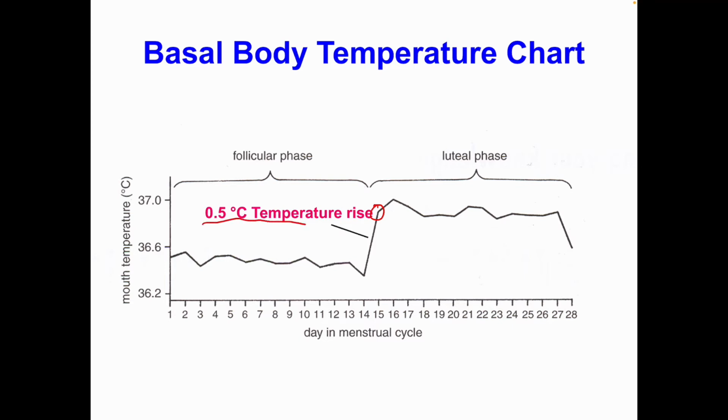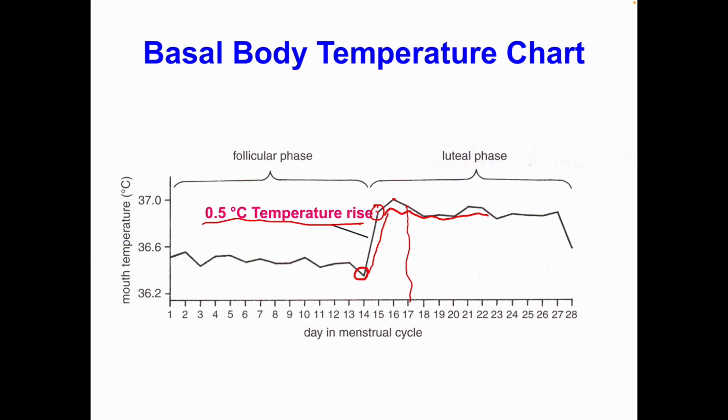So we've had this 0.5 degree rise, which indicates that ovulation has taken place round about day 14. The empty follicle has become the corpus luteum, which has started to secrete progesterone, and the progesterone then causes that increase in the body temperature, and the body temperature remains high. If we count 1, 2, 3 days past ovulation, 3 days of elevated body temperature, by this day here, day 17, the fertile period has passed.